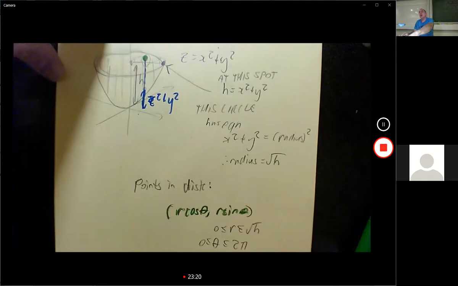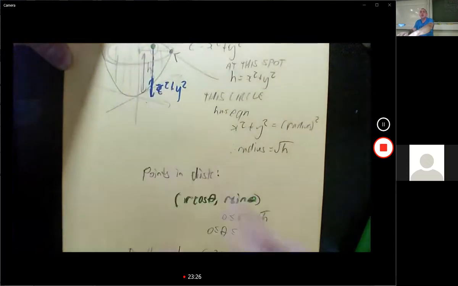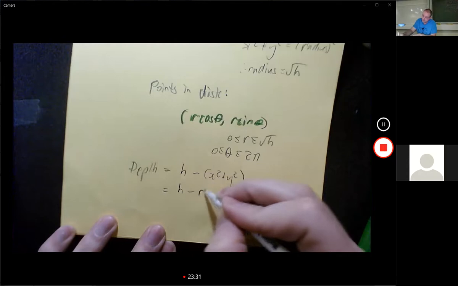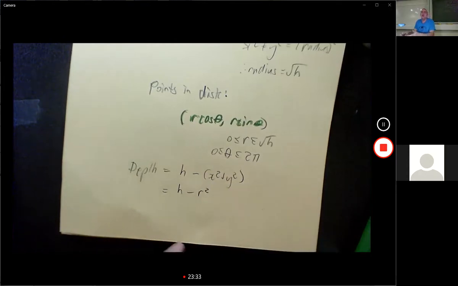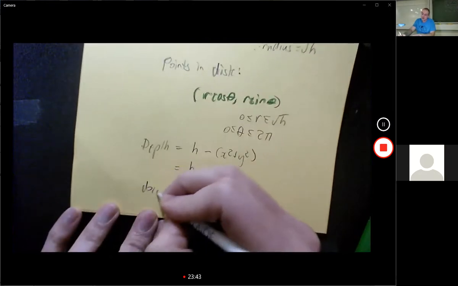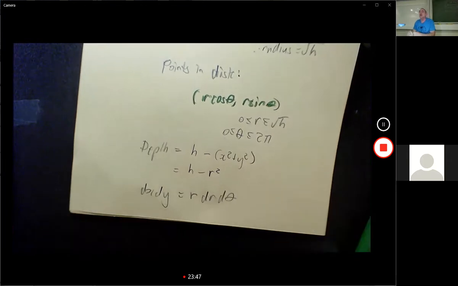But what I'd really like to do is write that in terms of the r and the theta that I use to locate this point. So x squared plus y squared is r squared when you use polar coordinates. And also dx dy is r dr d theta because we figured that out earlier.